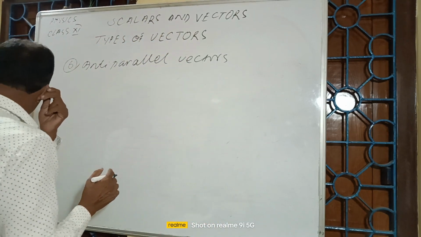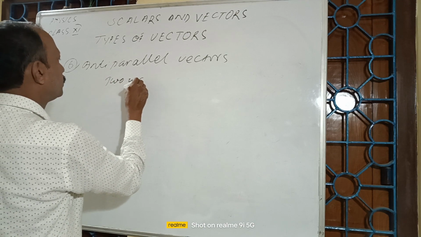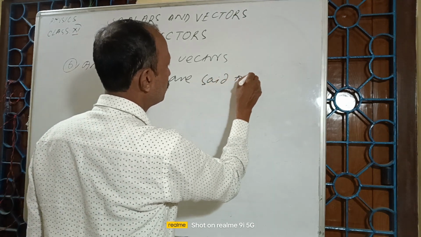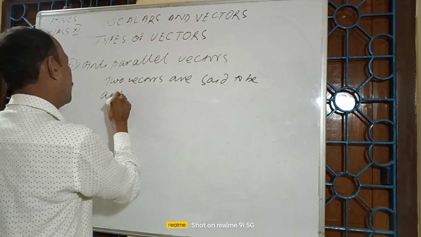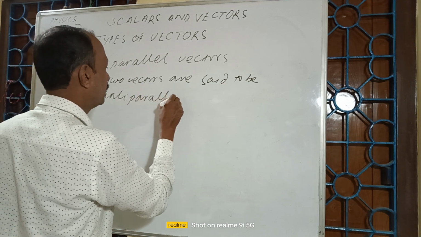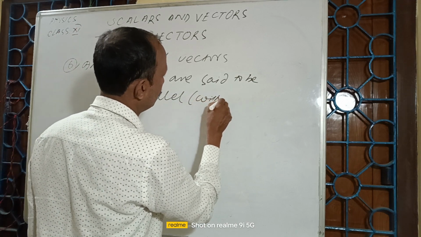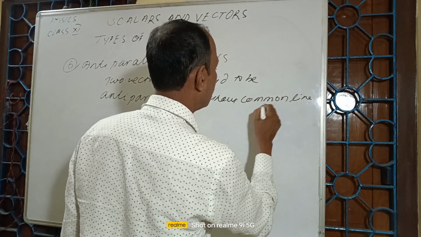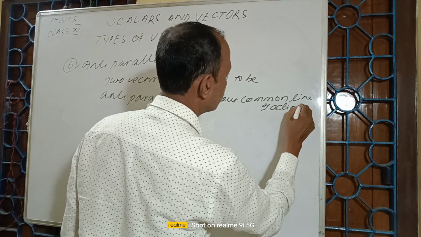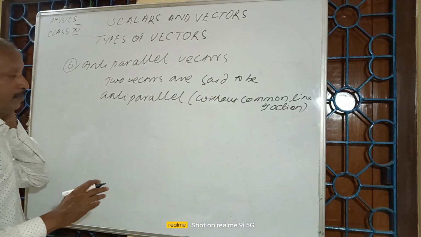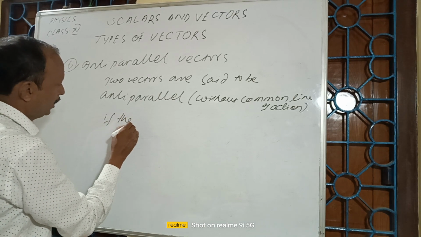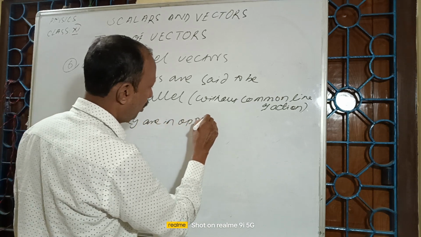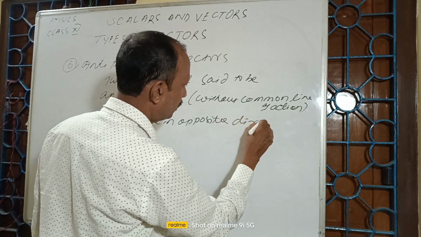So anti-parallel means two vectors are said to be anti-parallel, without a common line of action, if they are in opposite direction.